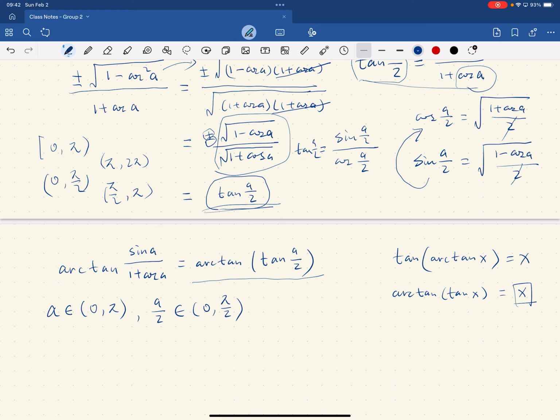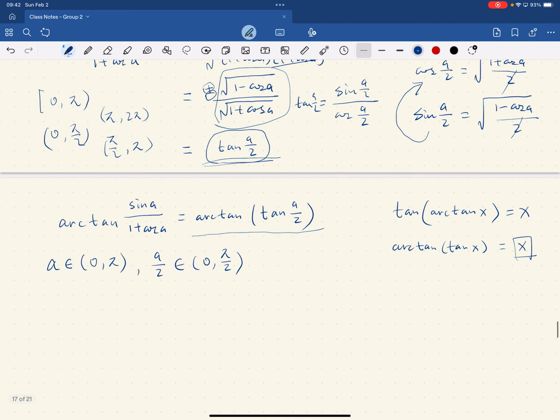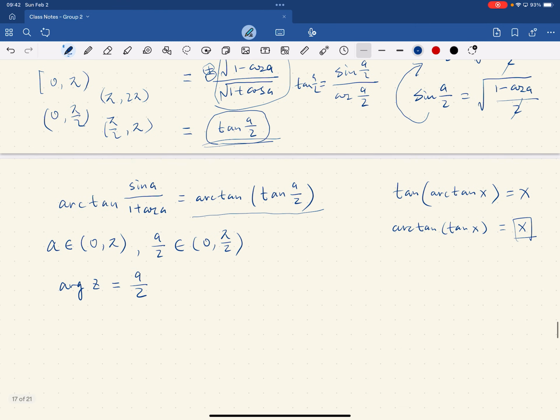If this is the case, everything's good, because everything's in quadrant 1, right? So the argument is just simply a over 2, because we're in quadrant 1, or the angle is a over 2.